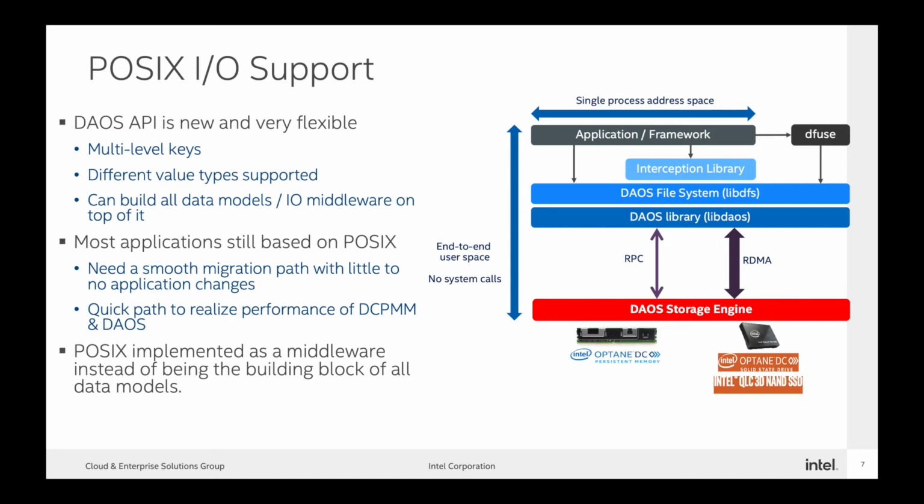And for applications that absolutely cannot change their code, we provide a fuse daemon, what we call dfuse, which exports a mount point that can be accessed through the standard POSIX API. Of course, fuse, since it's built into the kernel, will impose some overhead for applications that are using that interface.